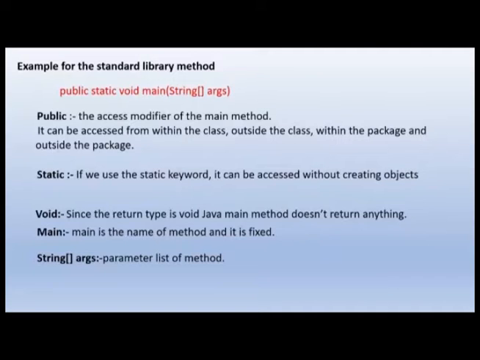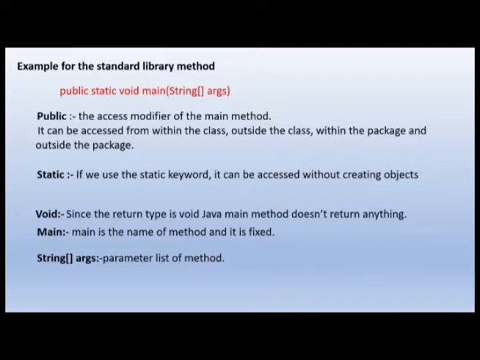If we execute the program without a main method, the compiler creates an error. Therefore, we must include the main method in every Java program. By the way, the execution of every Java program begins with the main method.